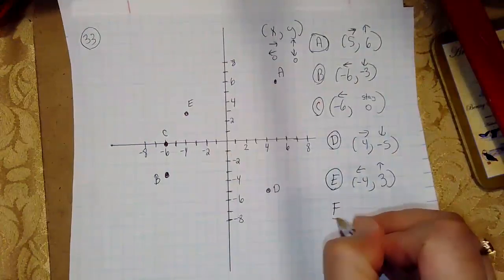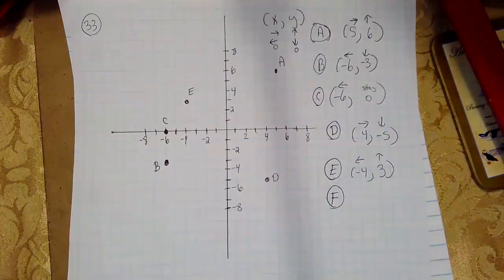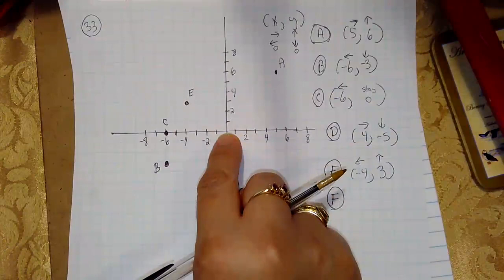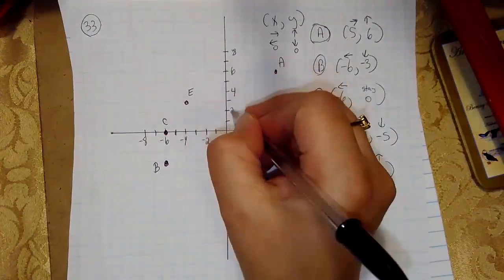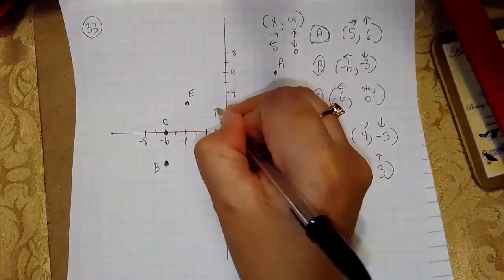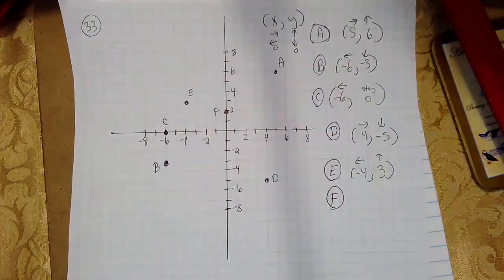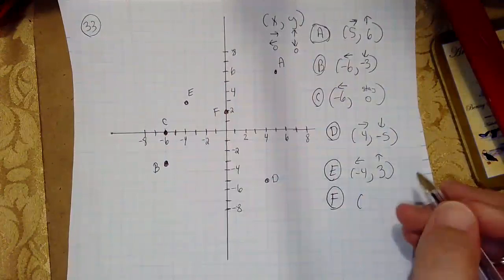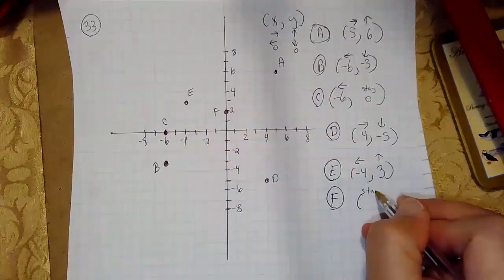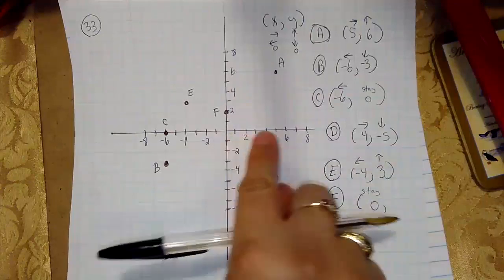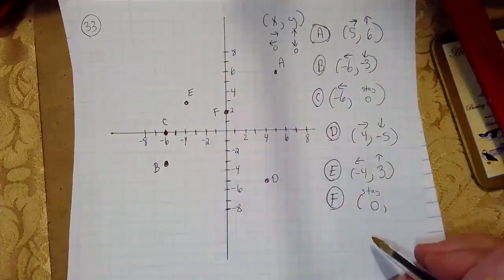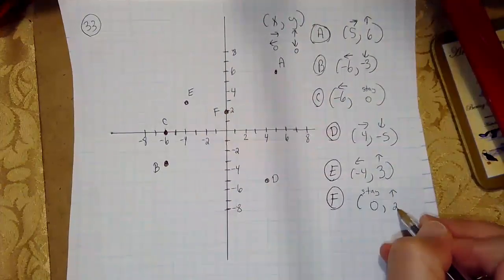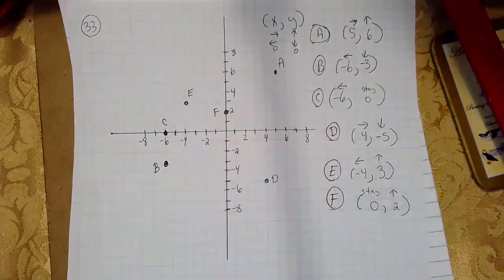And then one more, F. So for F, it's right on the y-axis. I started at 0, 0, and then went straight up all the way to that 2 on the y-axis. So on my X, it didn't go right, it didn't go left, it stayed. Remember, if you don't go right and you don't go left and you stay, that's a 0. And then it went up 2.